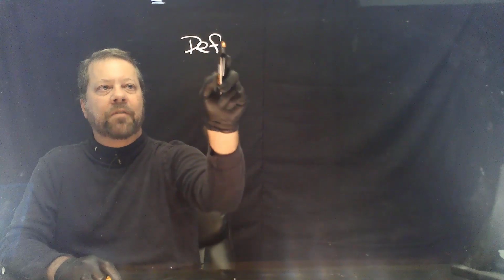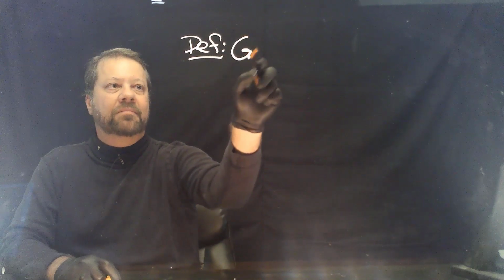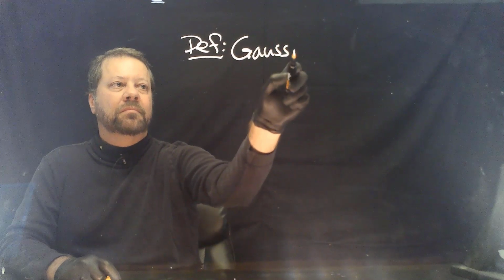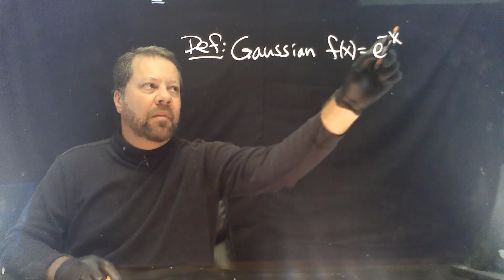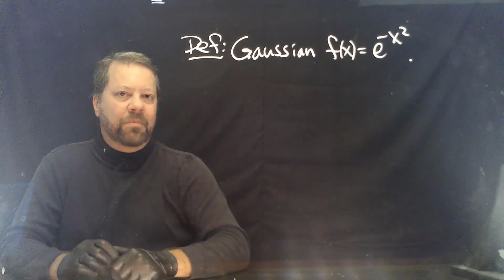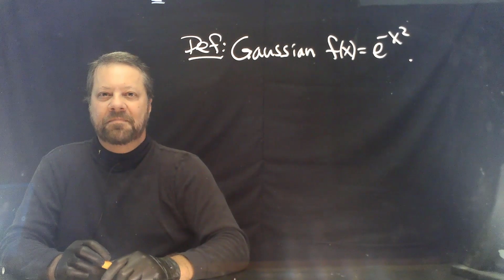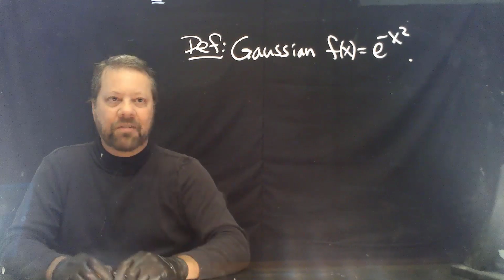An example that's important for the applications is the Gaussian. Which we'll take in a simplified form as e to the minus x squared. This will be important in solving the heat equation.